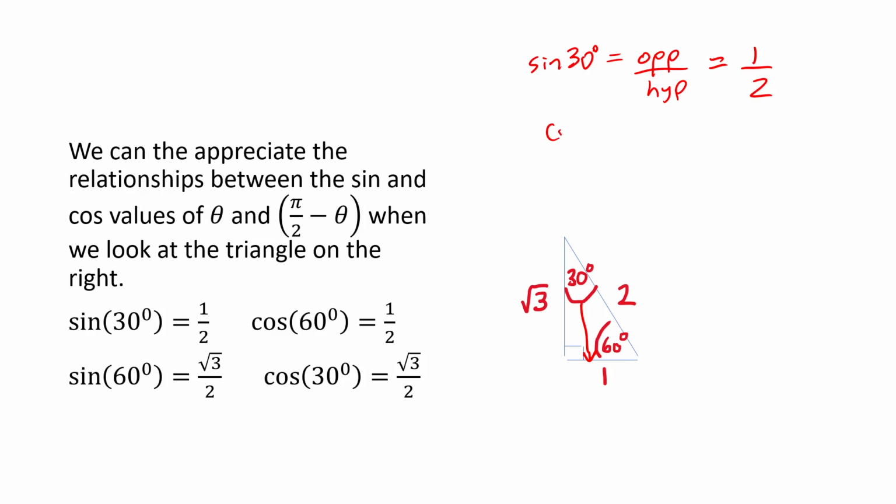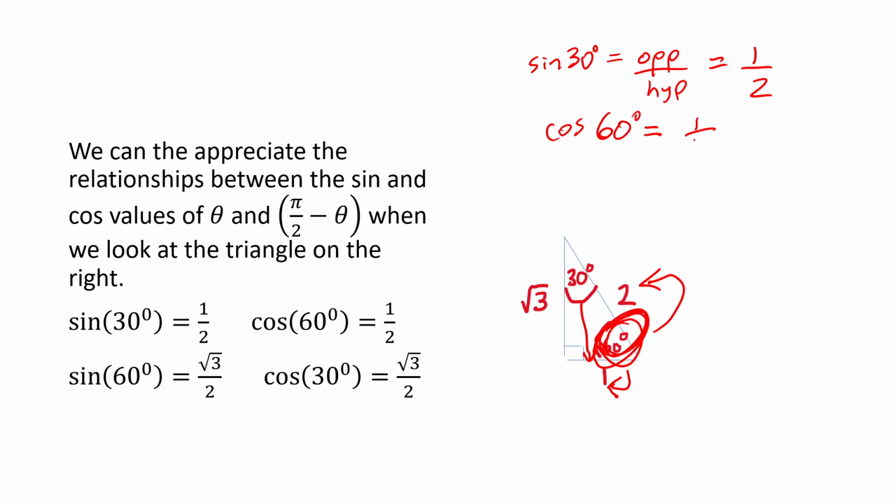Now, compare that to the cosine of 60, i.e., the cosine of pi over 2 minus 30, 90 minus 30. Well, for the cosine of 60, we look at the angle 60 and we look at the adjacent over the hypotenuse.